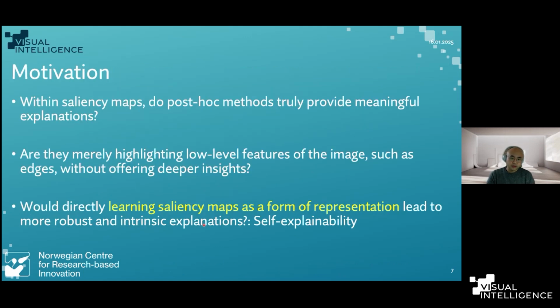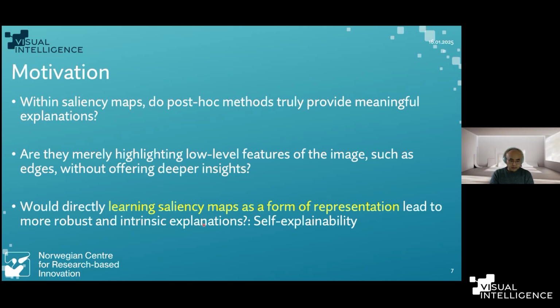So, motivation. Within saliency map explanation, do the post-hoc methods truly provide meaningful explanations? Are they only highlighting low-level features of the images, such as edges, without offering any deeper insights?